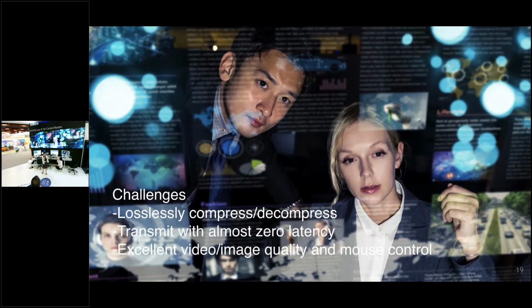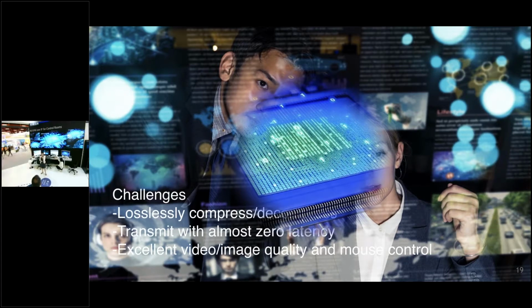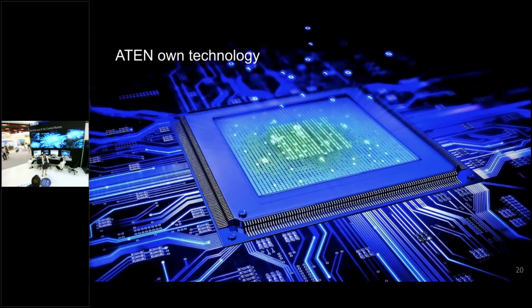It's a challenge, okay? And the second one is, because we want to transmit over 1 gigabit per second Ethernet cables, but when we are doing this compress, decompress in these calculations, how could we transmit them with almost zero latency, so that users would not be aware that there's a latency, so they could control their mouse and look at the video smoothly.